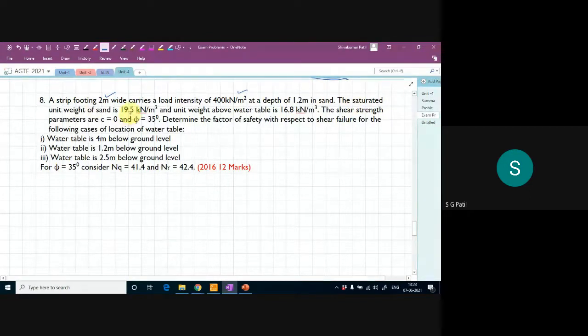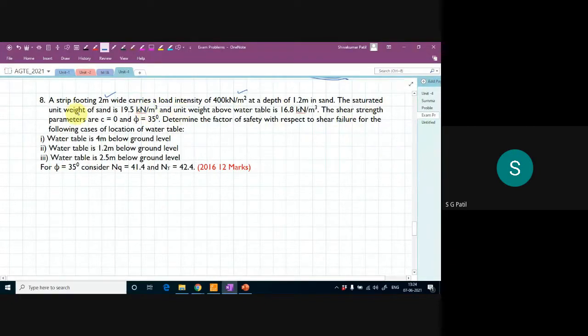The saturated unit weight is given, and the unit weight above the water table. This is your bulk density or dry density. The unit weight below the water table is the saturated unit weight.